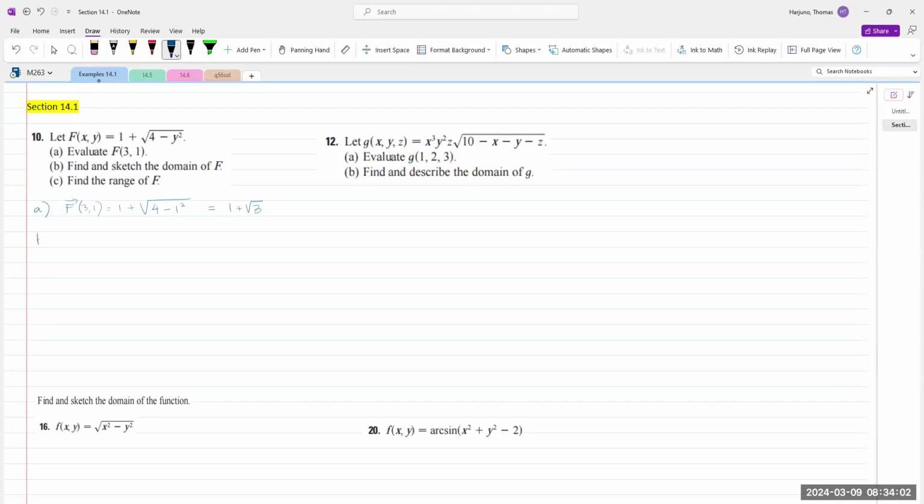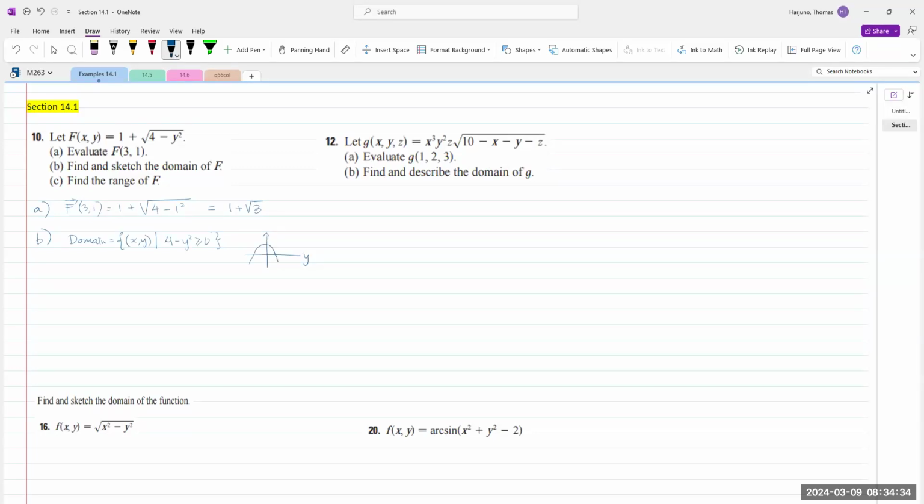Part B, what is the domain? The domain is all (x, y) where y must satisfy 4 minus y squared greater than or equal to 0.